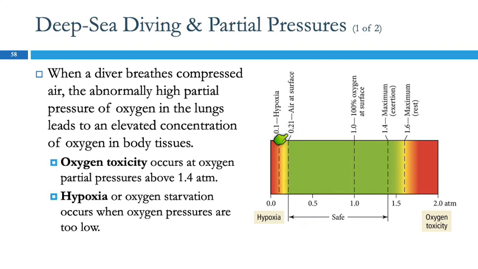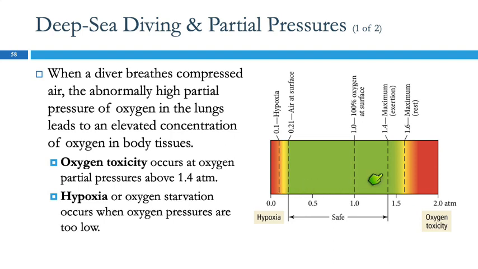So this is air at the surface. 0.21 is the partial pressure of oxygen in air. When we get down below that, we get into what's called hypoxia. Hypo meaning below, so here we have not enough oxygen.